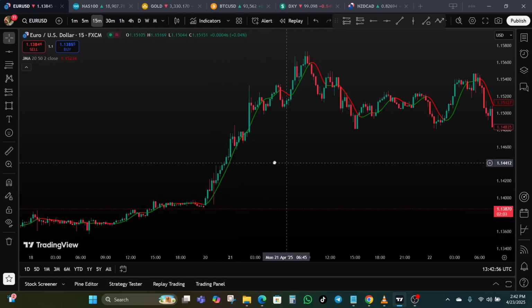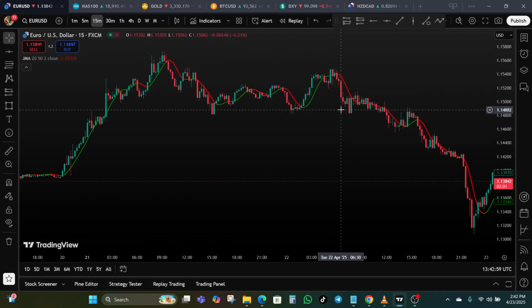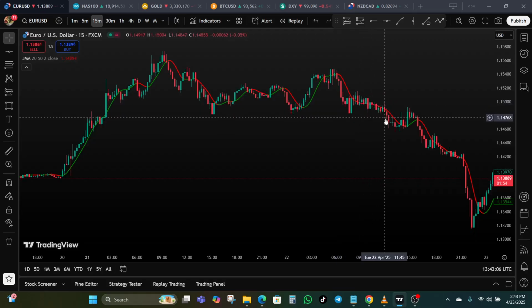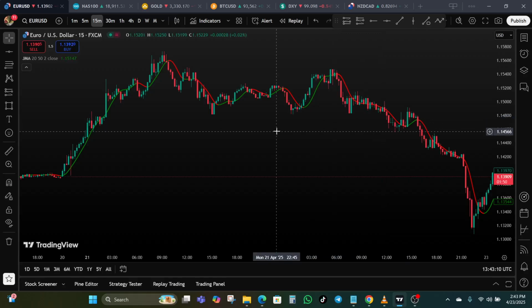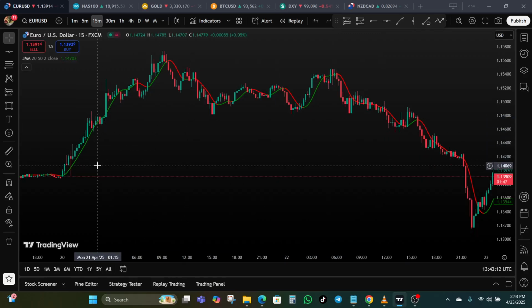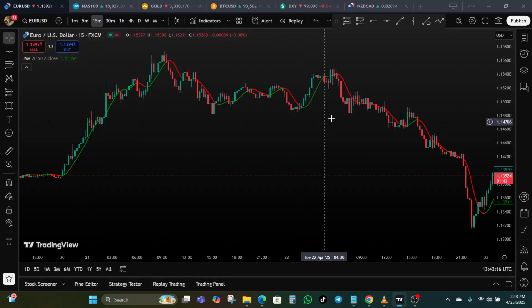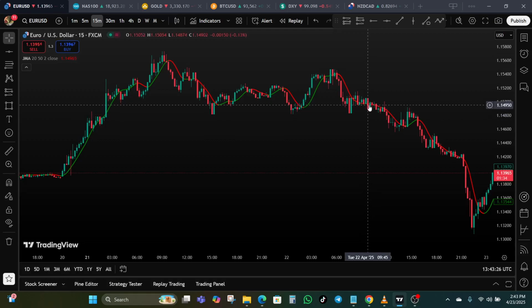On the other hand, bearish signals occur when the price is below the JMA and the JMA line is sloping downwards. Also, you look out for the coloring. When the color is green, it shows bullish momentum. When the color is red, it shows bearish momentum. Now when the price crosses above or below the JMA line, it can indicate potential entry points.